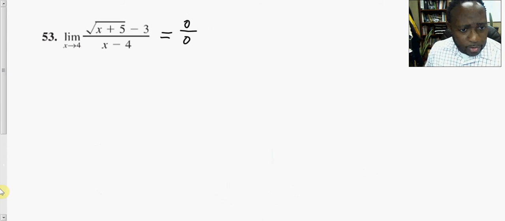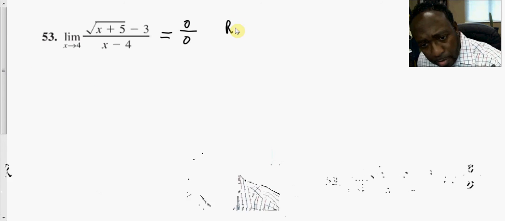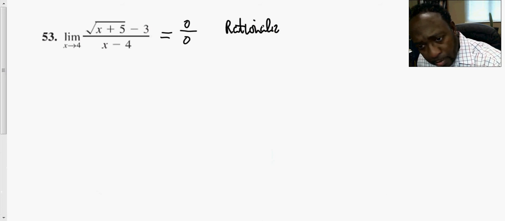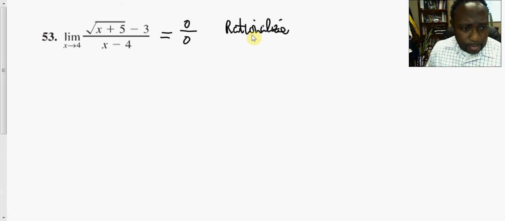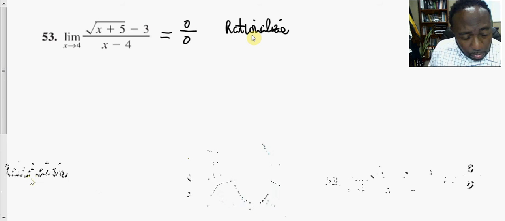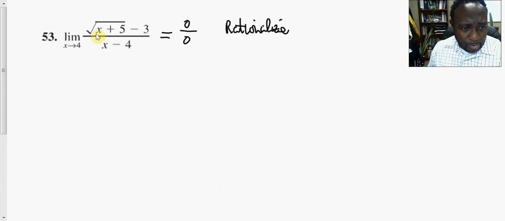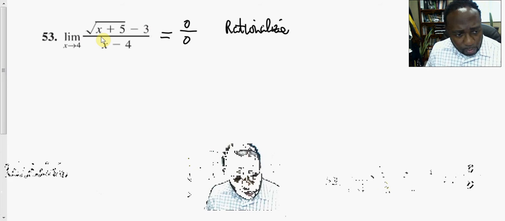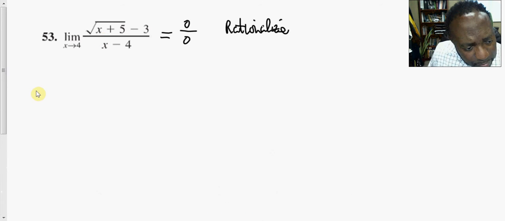And then for this one, we rationalize. So here, to rationalize, if the radical is in the numerator, obviously we're going to rationalize to get the radical in our denominator. And at the same time, we want to hopefully remove one of these discontinuities.